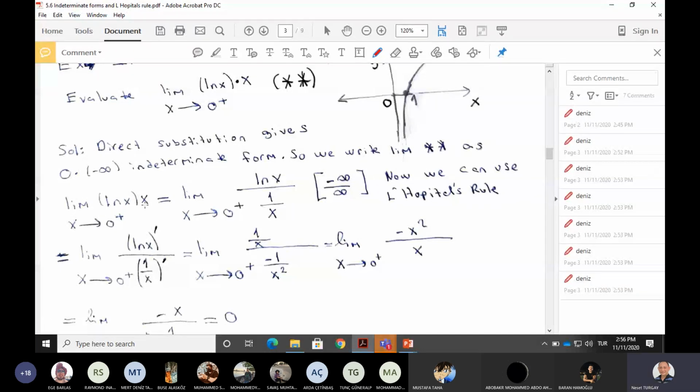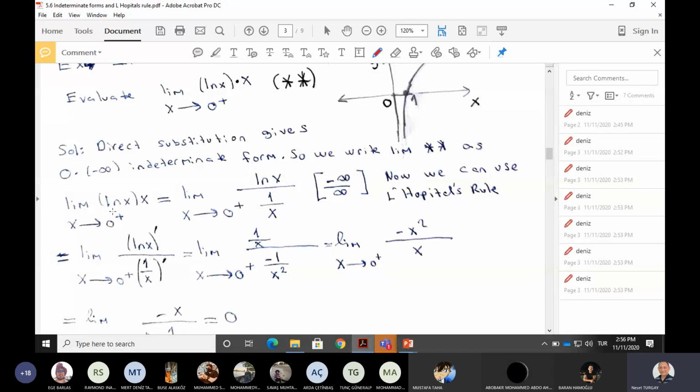So in general, what I suggest is, if you have ln and algebraic terms like x, x squared, and so on, it will be better to fix ln x in the numerator and write these terms in the denominator, because then the calculations will come up more easily.